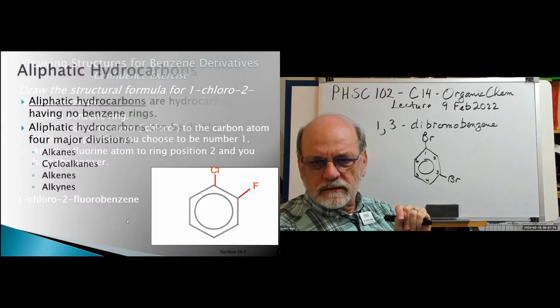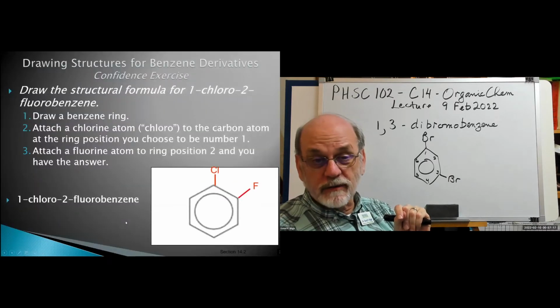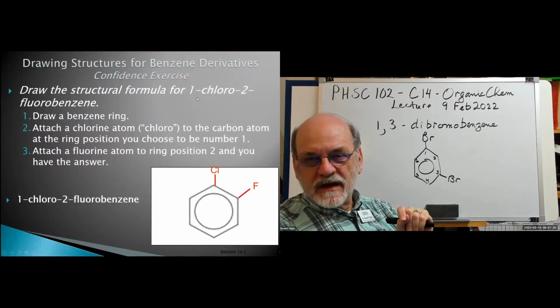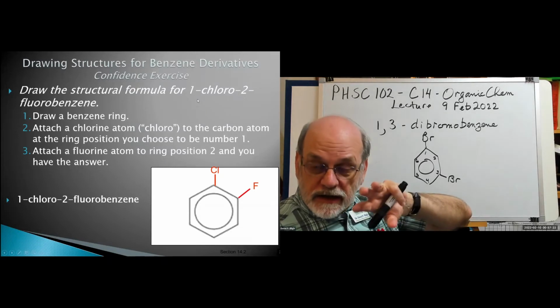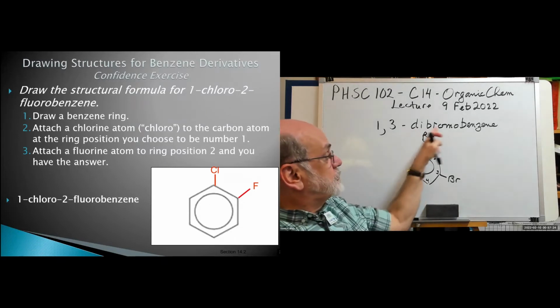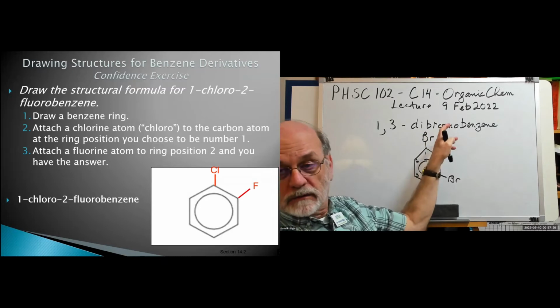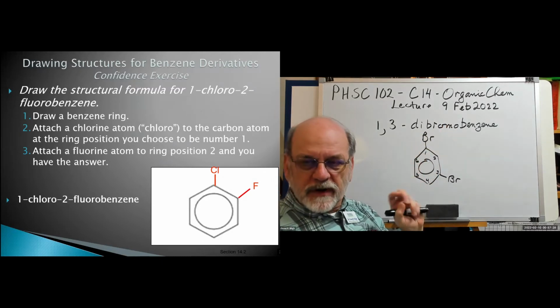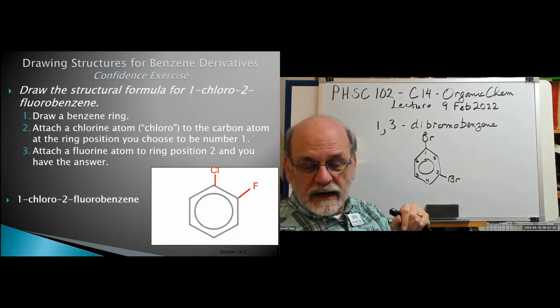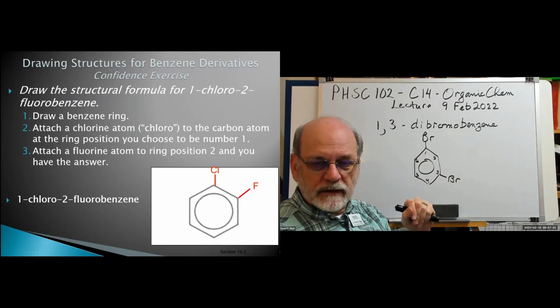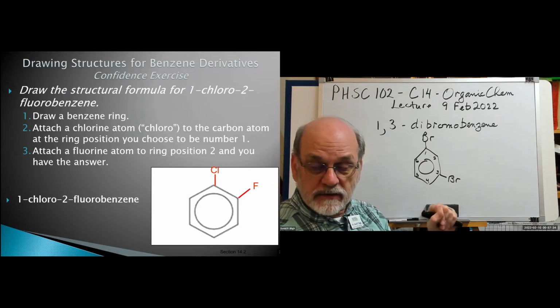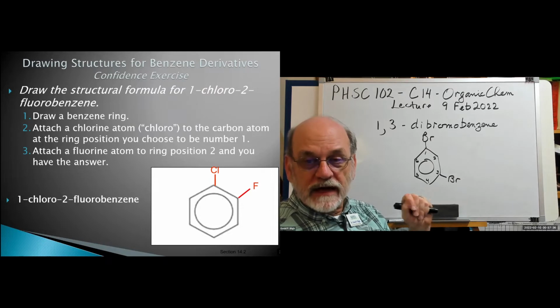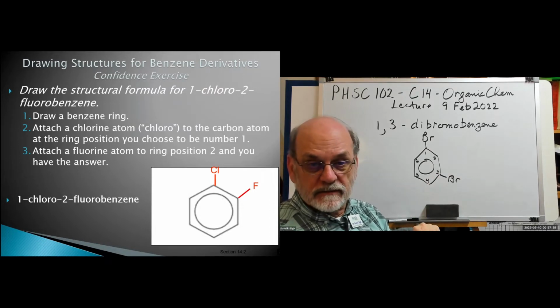So this one is already written for us. This one had 2 bromos, so we just said dibromo, means 2 bromos. But if we have different attached atoms, then we would identify each one with its position.